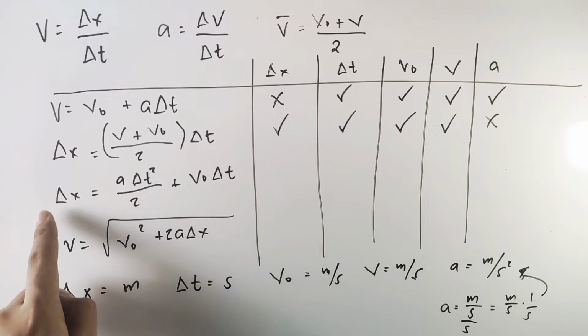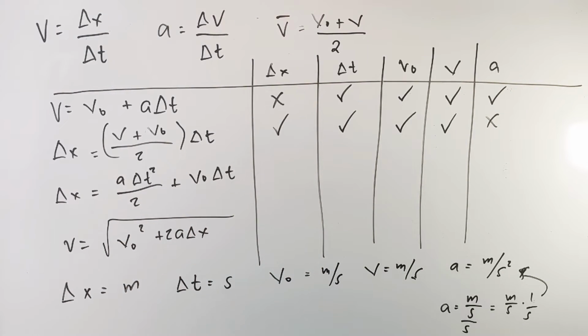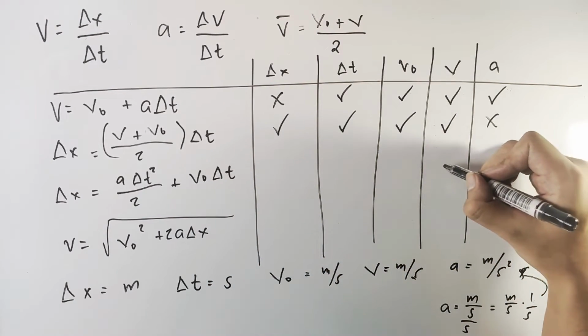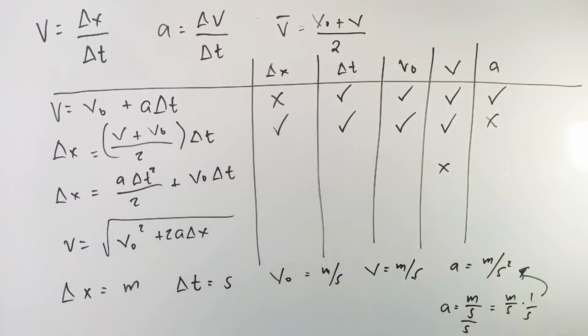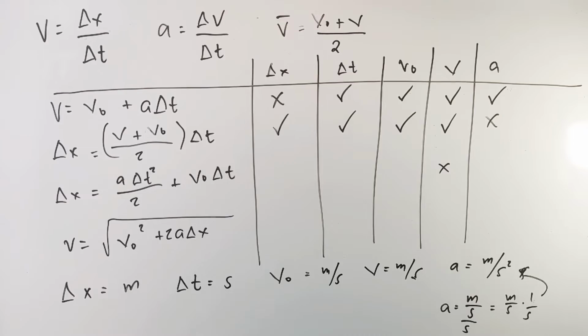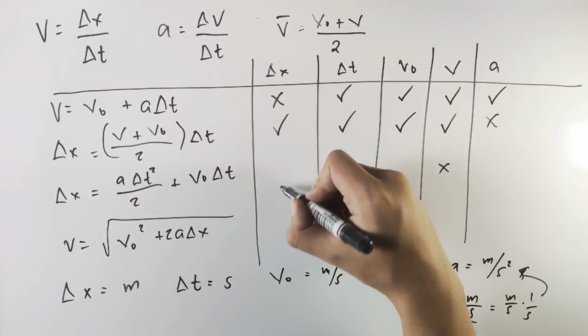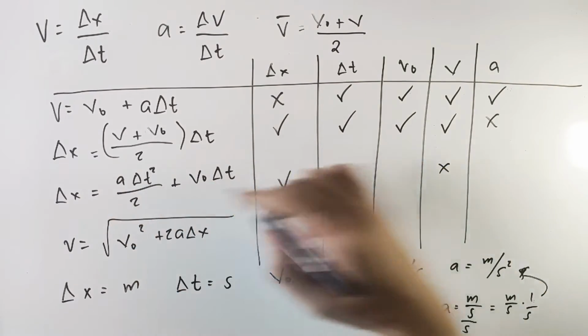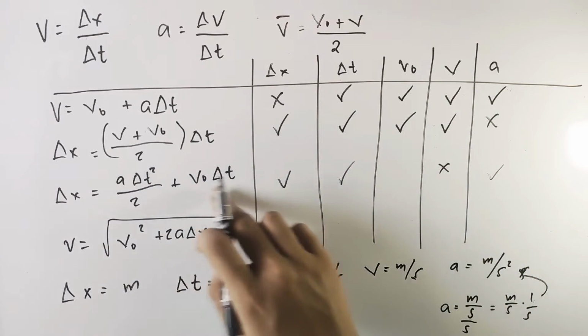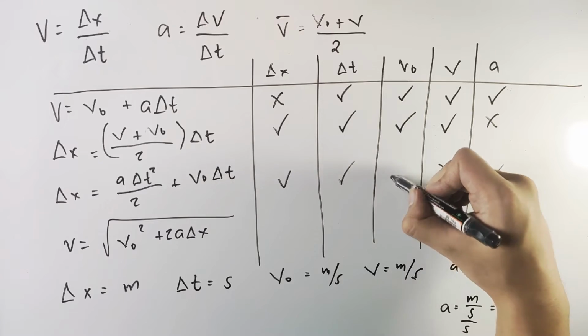So alright, so you can see there's no final velocity here. Actually, it's more like not necessary. Okay, so that would be the one that's not included. So you can check x, you can check a. What's the next variable? You can check t. Okay, actually t appears twice. Then you have initial velocity.